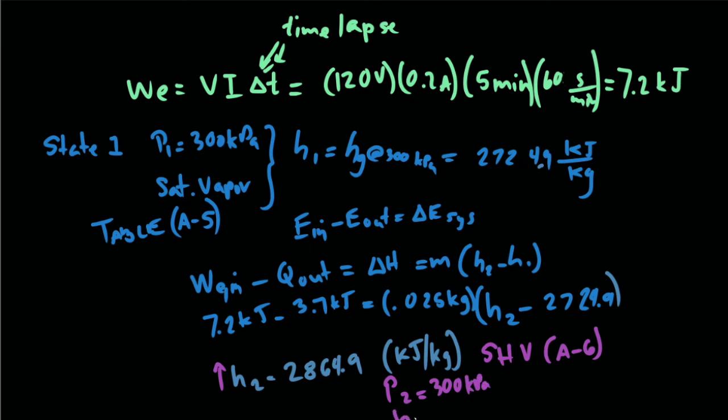And you know h2, and that's all you need, two independent and intrinsic properties. It's 2864.9, and that is equal to, it turns out when we look up in the table, a temperature of 200 degrees Celsius.